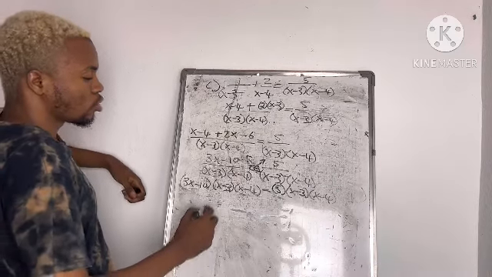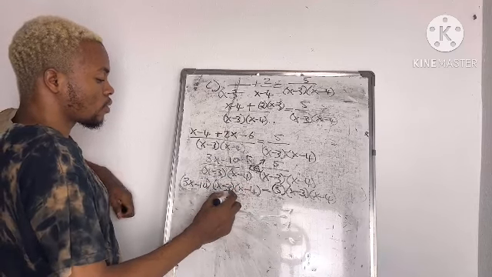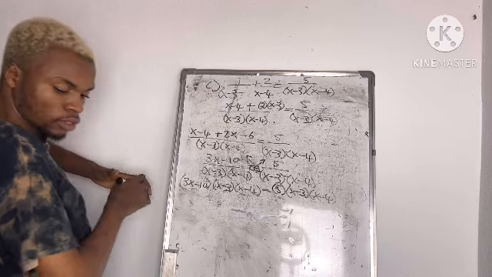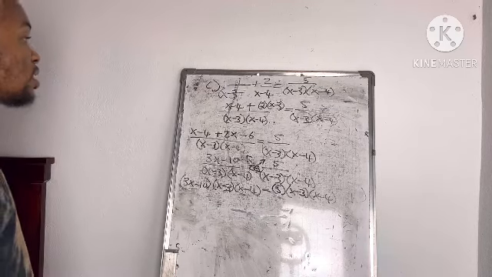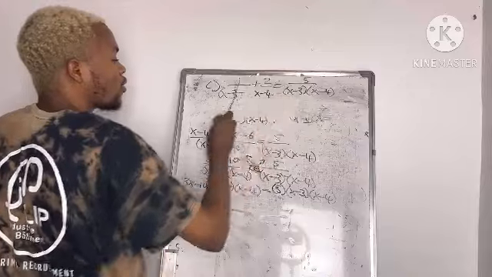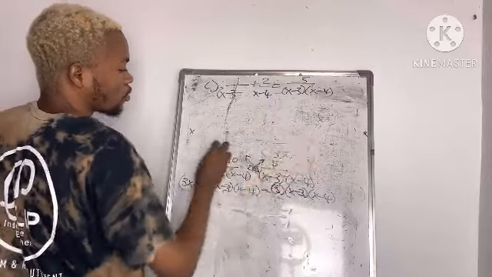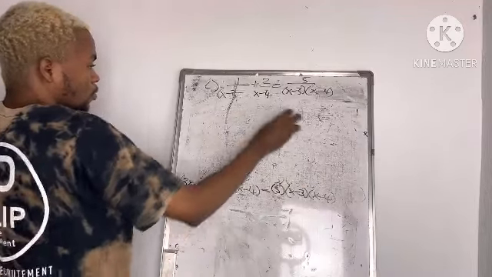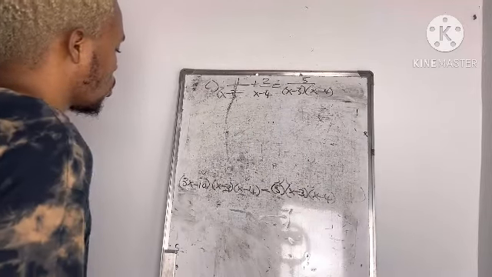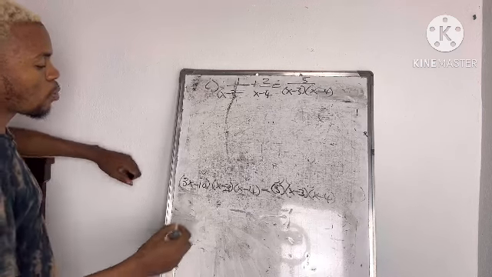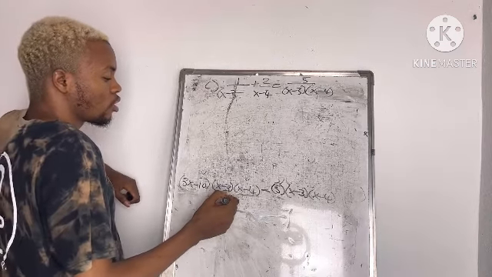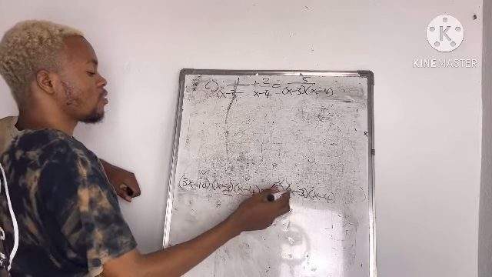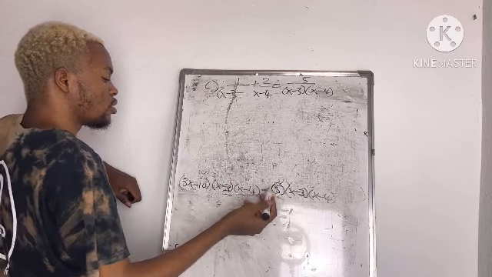Now dividing both sides by this value, because we can see that we have a common value on both sides, we can just divide both sides by it. Since it is available on both sides, we can divide that.